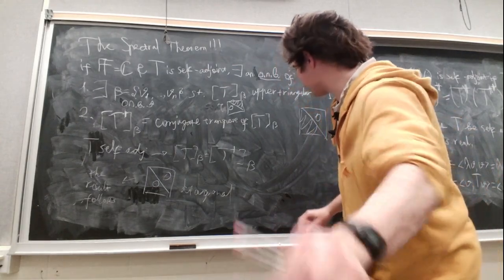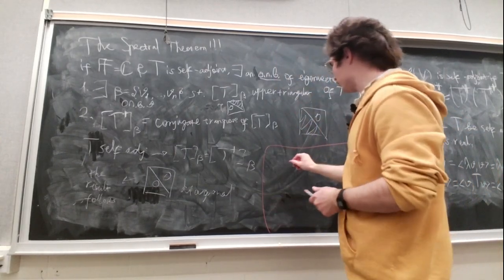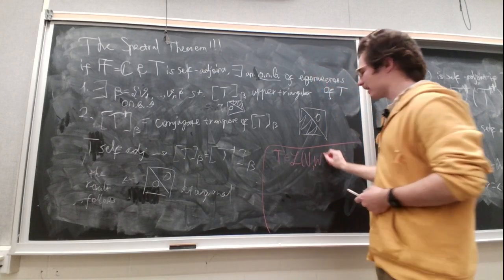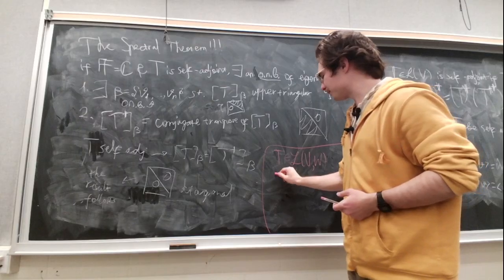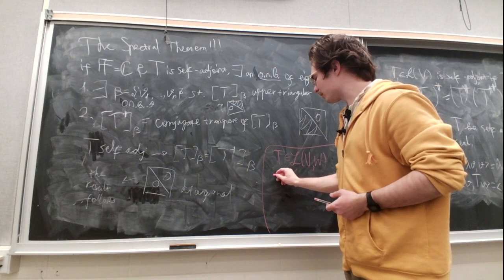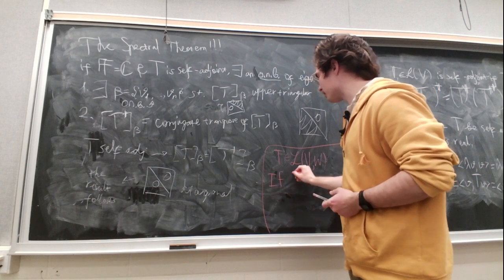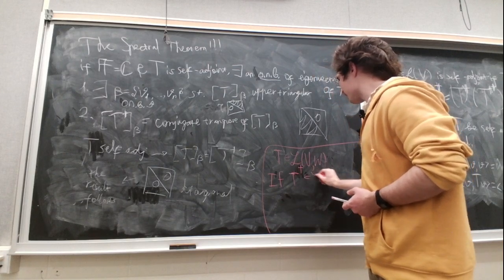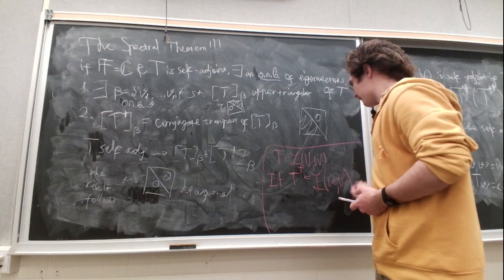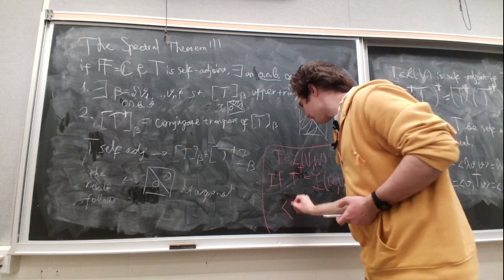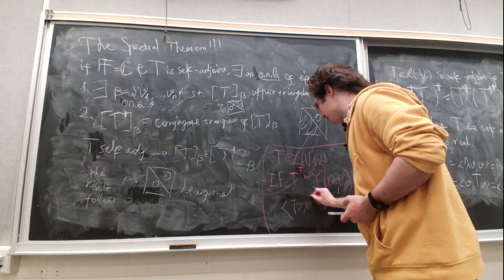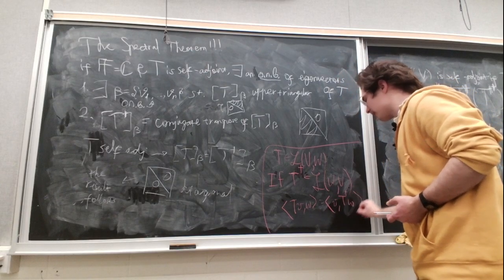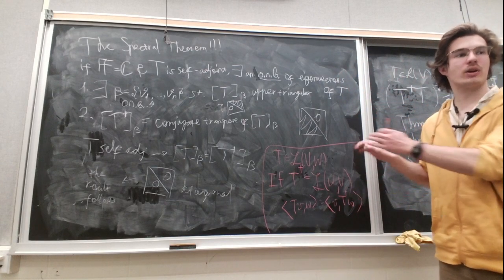So let T be from V to W. If there was a T dagger that goes the other direction, from W to V, such that the inner product of T of V with W was equal to the inner product of V with T dagger of W, if we had something like this, then we call it the adjoint.